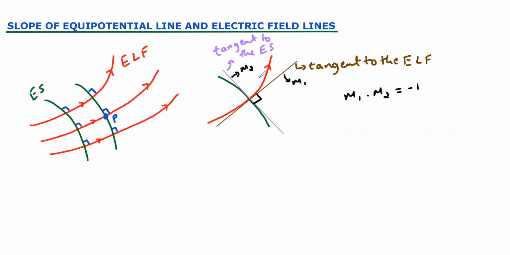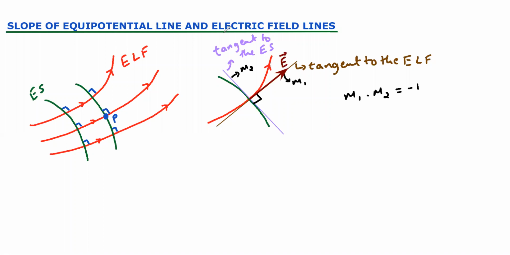If you look at it, the tangent to the electric field line, or the electric line of force, also gives you the direction of the electric field vector. So that is the electric field vector at that point.